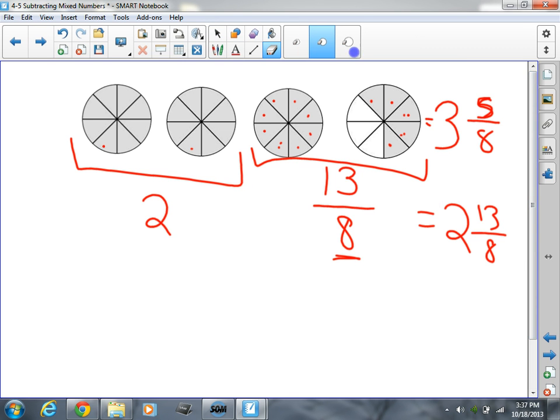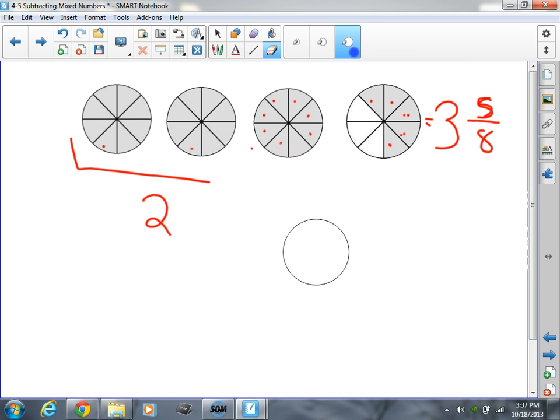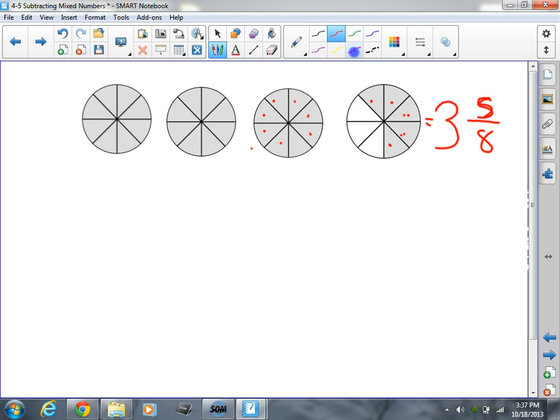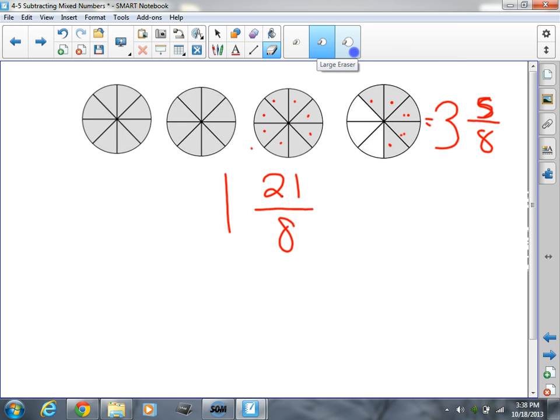So I could technically name this 2 13/8. I could also name it like this. I could go 1 whole, and then 8 plus 8 is 16, 17, 18, 19, 20, 21. So I could say that this also equals 1 21/8. Now, this gets to specifically how the idea of what we think about a number.